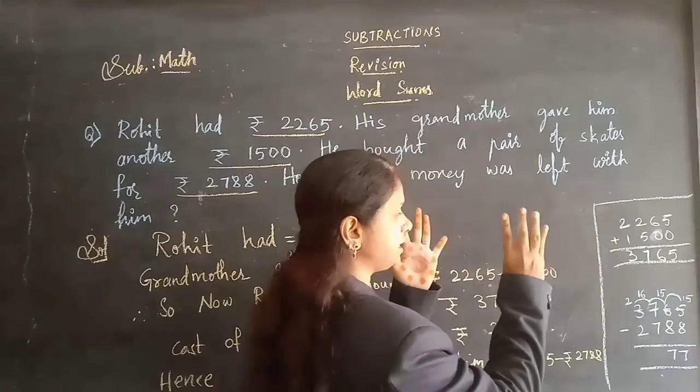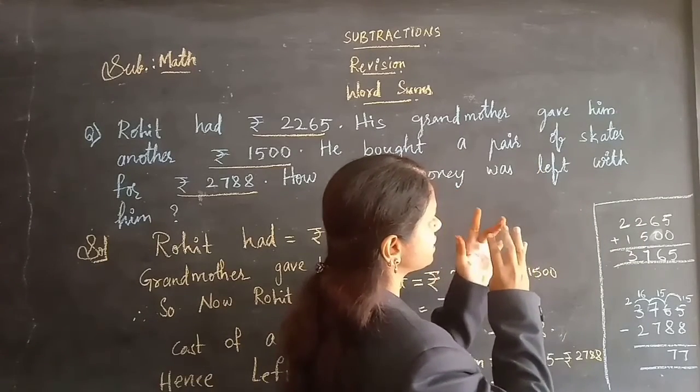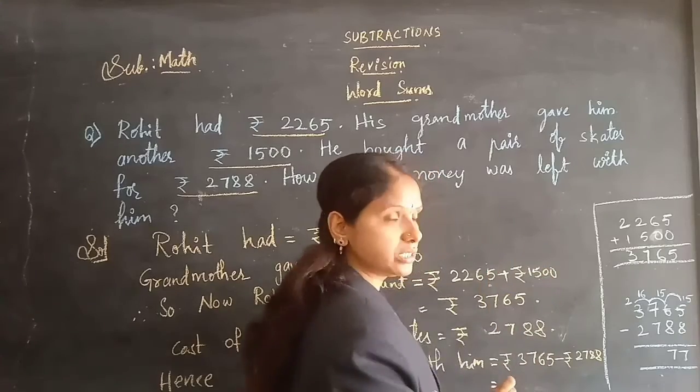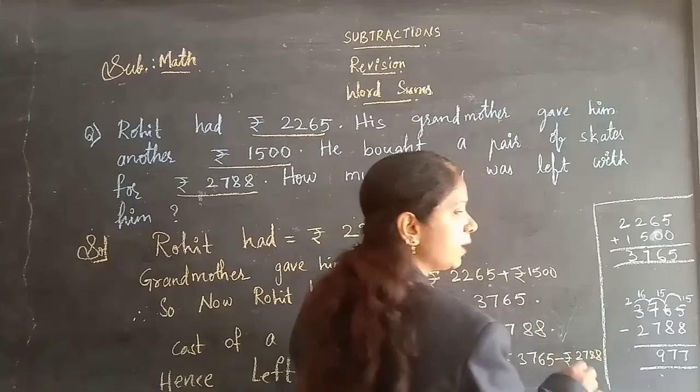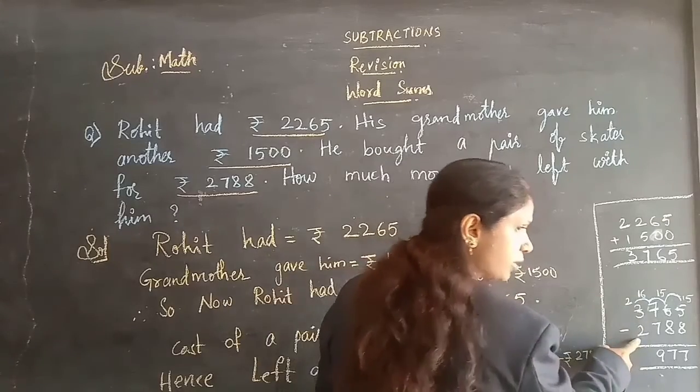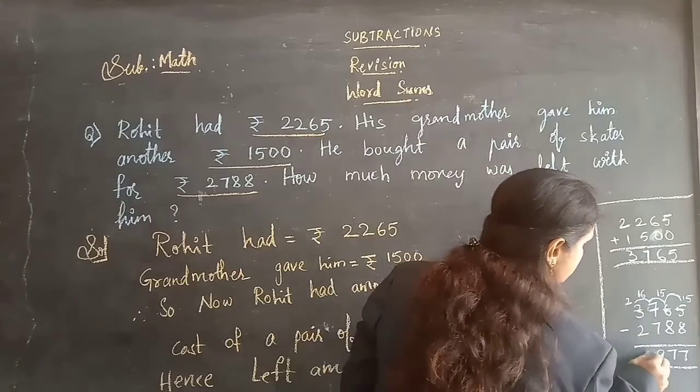So I reached 16. How many numbers did I open here? 1, 2, 3, 4, 5, 6, 7, 8, 9. 9 numbers I required, children. So I am taking 9 here. And 2 to 2: 2 minus 2, or else the starting point is 2 and the reaching point is 2, then 2 minus 2 is 0.